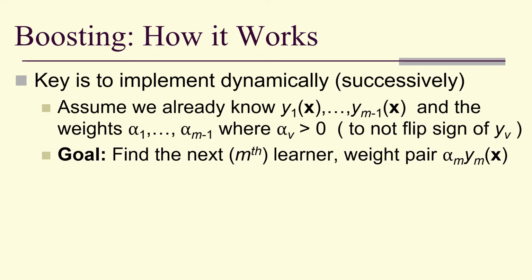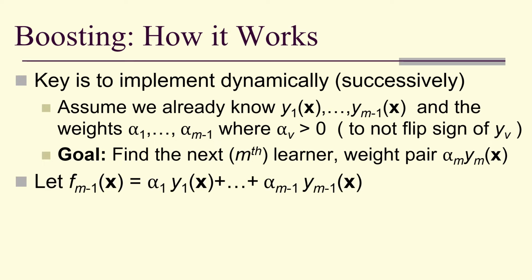The goal is to find the next, the mth learner, y sub m of x, and weight alpha sub m. So we're assuming we know up to m minus 1.